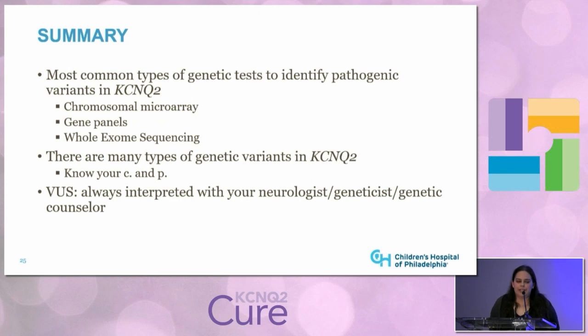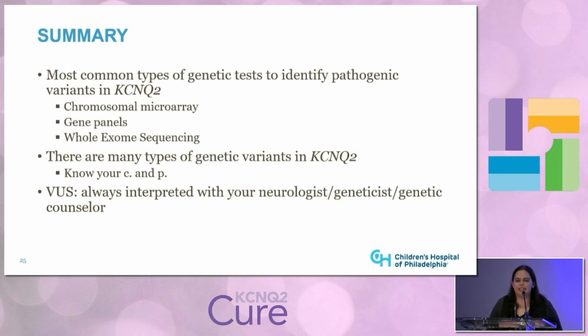So in summary, the most common types of genetic tests that people have in their workups that may identify disease-causing changes in KCNQ2 are chromosomal microarray, gene panels, or whole exome sequencing. There are many different types of genetic variants in KCNQ2.